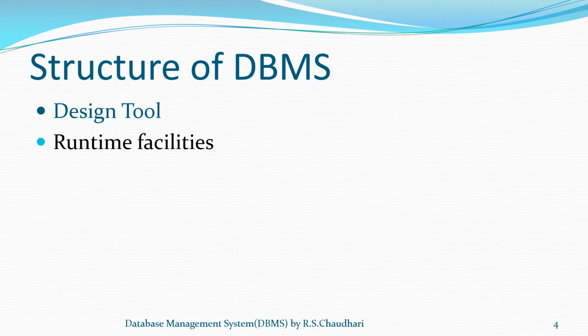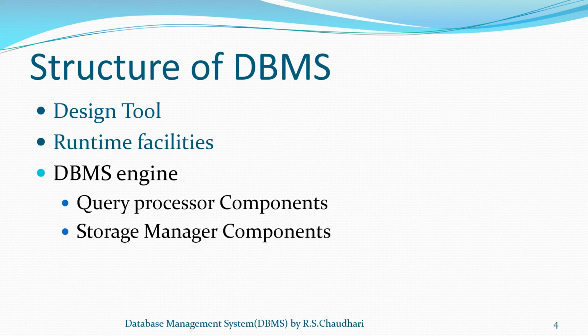It processes the application created by design tools. Third one is the DBMS engine. It works as a translator between design tool and runtime facilities. It is divided into two main parts, that is the query processor component and the storage manager component.